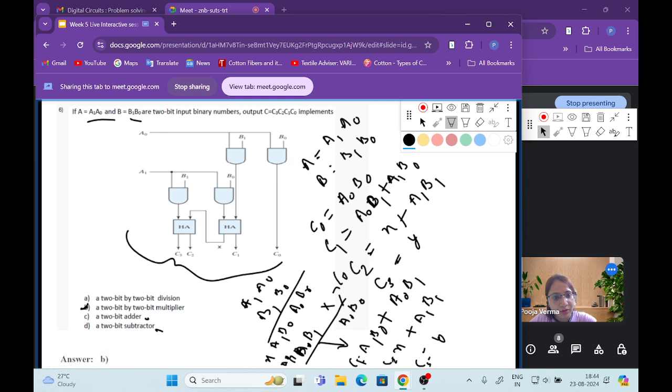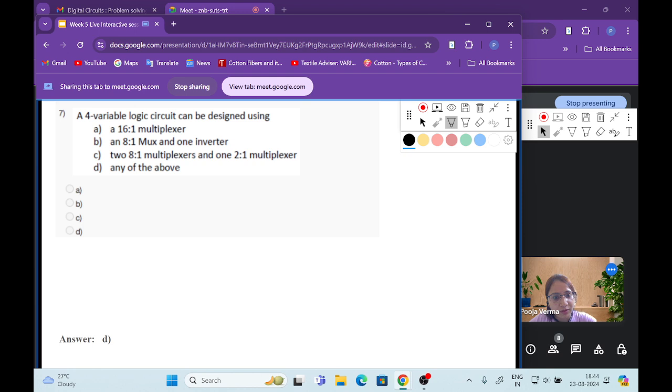Okay, I hope you understand this. So moving to the next question. The next question is: a 4-variable logic circuit can be designed using option A, a 16:1 multiplexer; option B, an 8:1 mux and 1 inverter; option C, two 8:1 multiplexers and one 2:1 multiplexer; and D, any of the above.